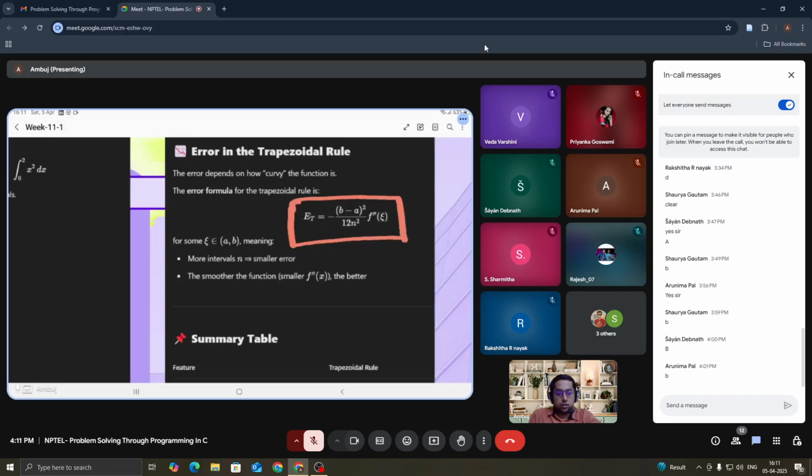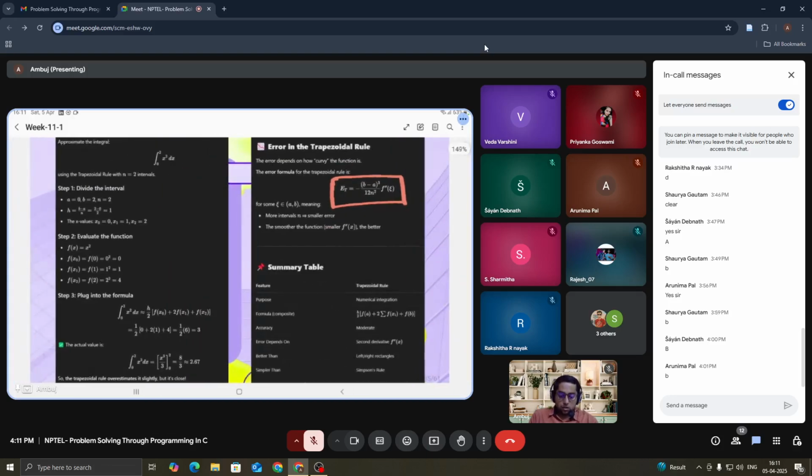Try to calculate what would be the error in the approximation. Minus (2 minus 0) whole cube, multiplied by 12 into n squared, where n is 2 here, gives minus 8 over 48 multiplied by f double dash x, at any value epsilon.